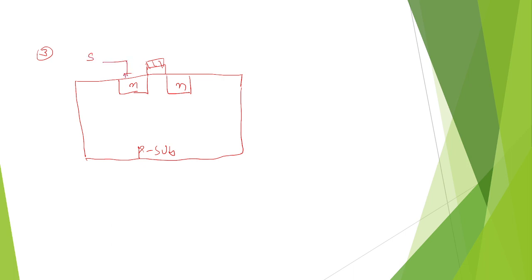Of course, here metal is there, named the gate, and this is the drain terminal. Now the first condition is satisfied, that is VGS greater than or equal to VT, the threshold voltage. To break the junction, the threshold is required.